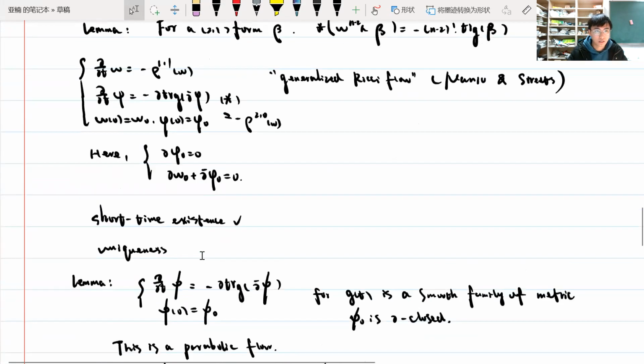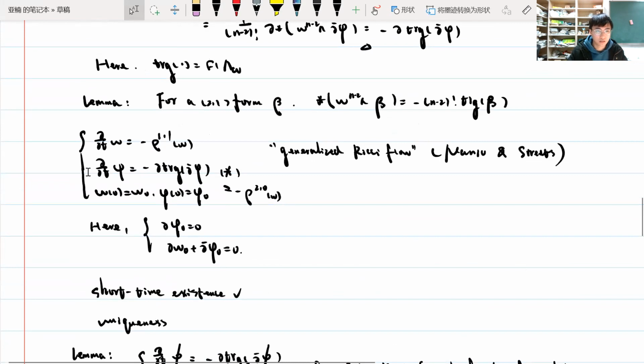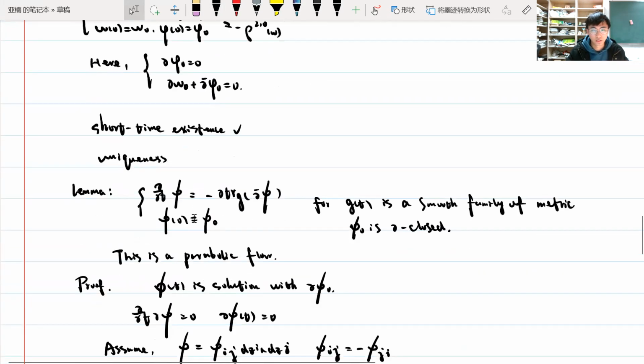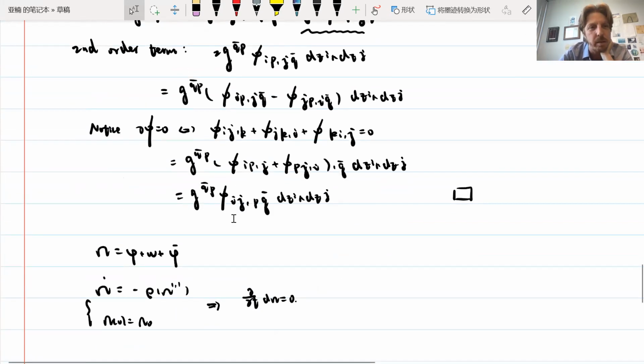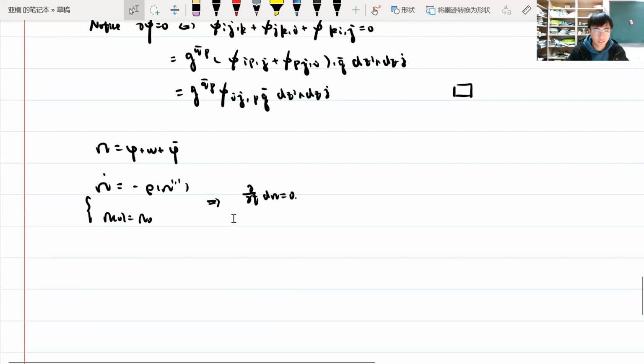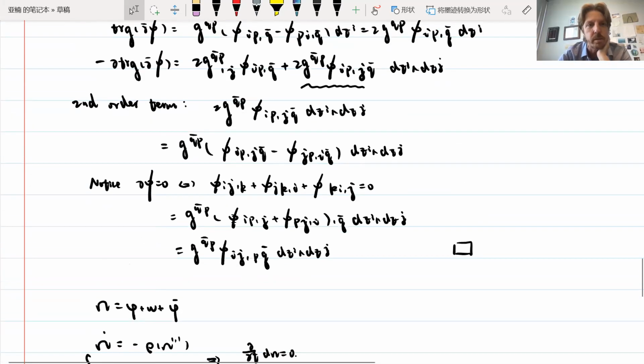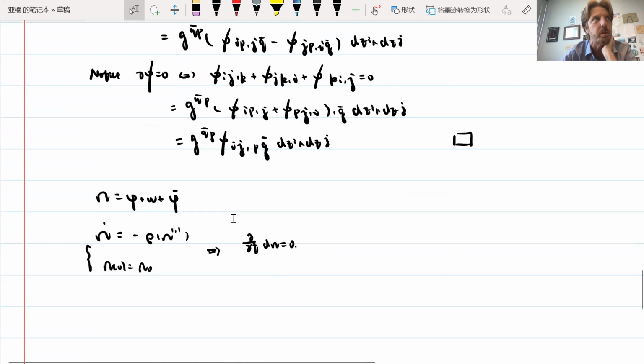Firstly I got this equation, and at that time I didn't know it is just the 2,0 part of the Ricci. I guess it is a different way to think about that. It's a very different expression for this 2,0 part in this special case.